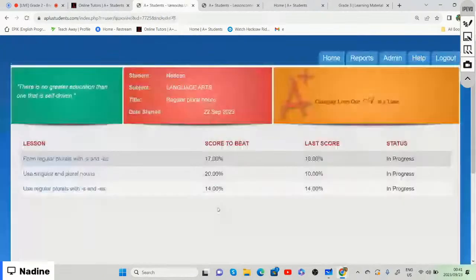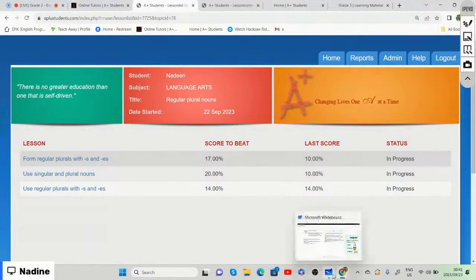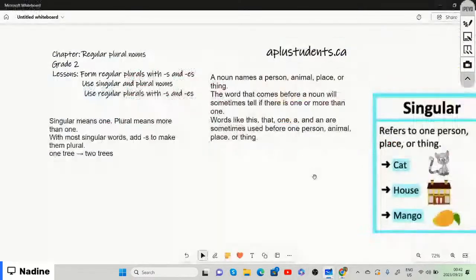All right, so that is basically our lesson on regular plural nouns, where we said that singular means one, plural refers to more than one. And we made examples of one apple, one ball.